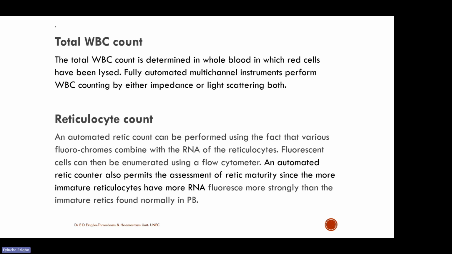Fluorescent cells can then be enumerated using a flow cytometer. An automated retic counter also permits the assessment of retic maturity, since the more immature retics have more RNA and fluoresce more strongly than the mature retics found normally in peripheral blood.